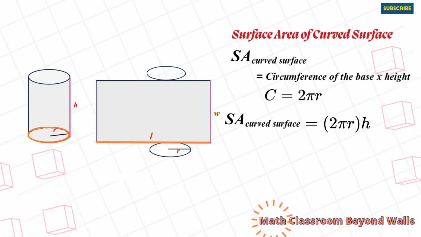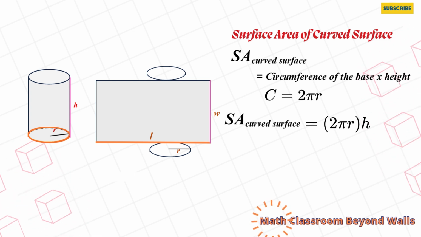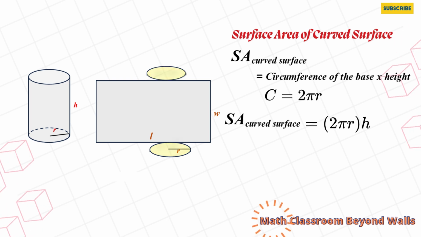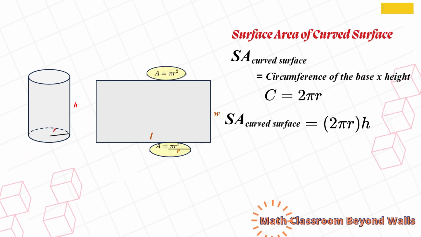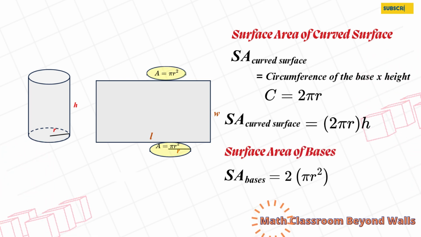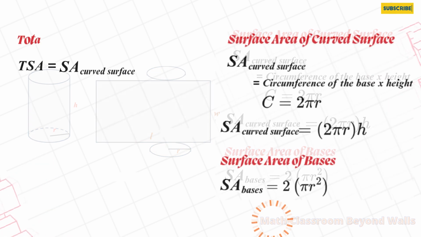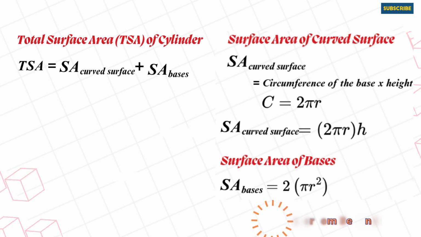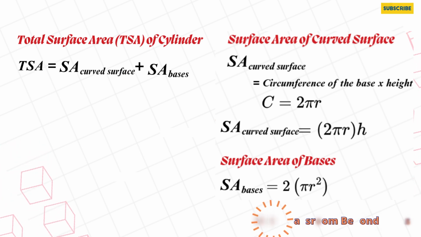Note that we still have two other surfaces, the two circular bases. Since the area of the circle is pi r squared, then the area of the two bases is 2 pi r squared. Adding the area of the curved surface and the area of the two bases gives us the total surface area of the cylinder.